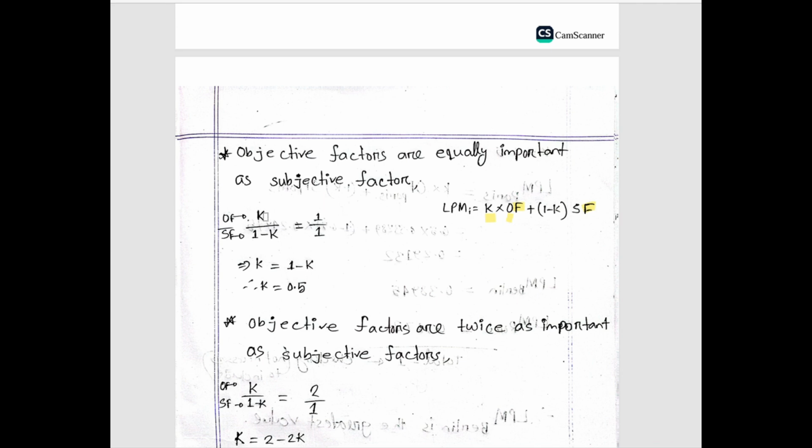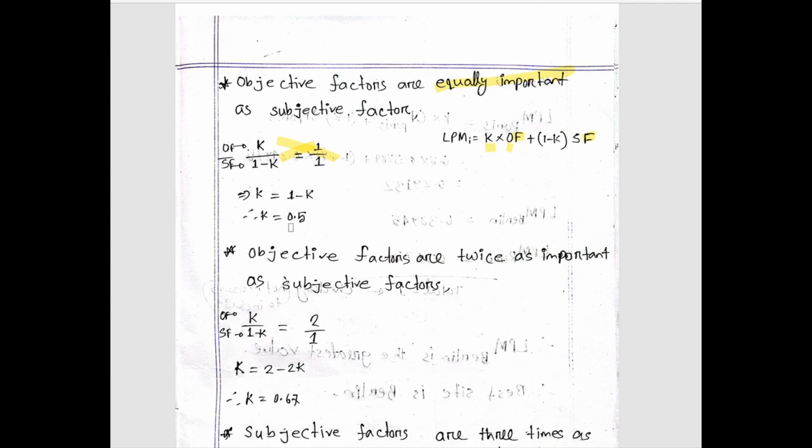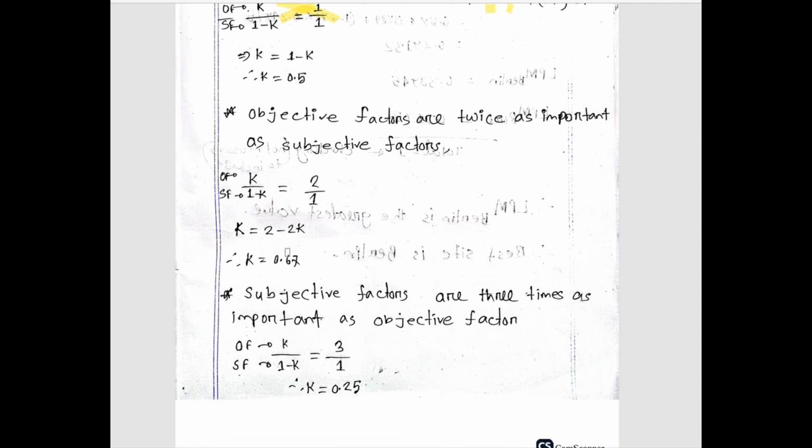That means if we take the ratio k by 1 minus k, we give a value for k of 1, and we also have to give a value for 1 minus k of 1, because both are equally important. We cross multiply and find the k value is 0.5.